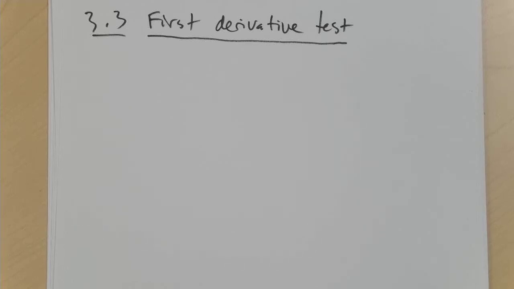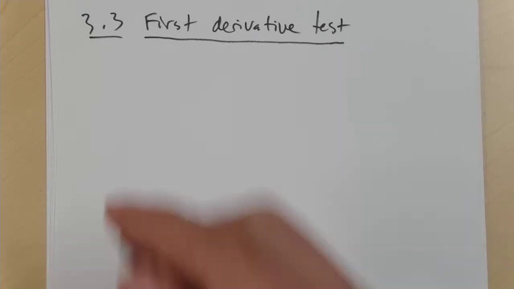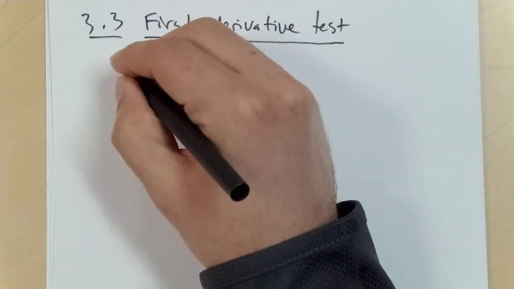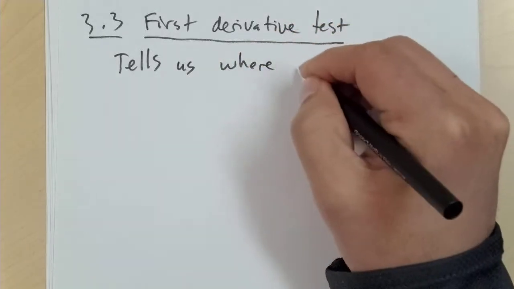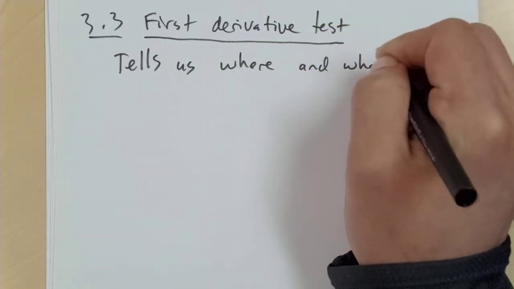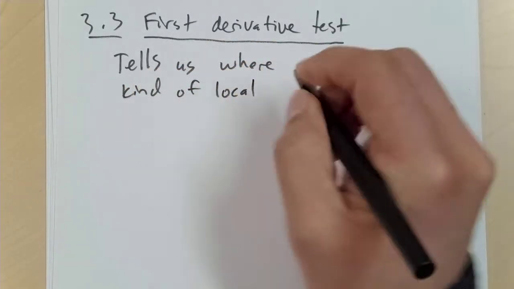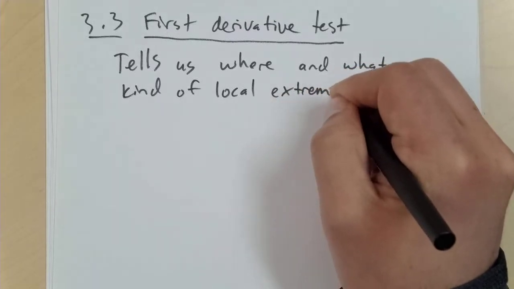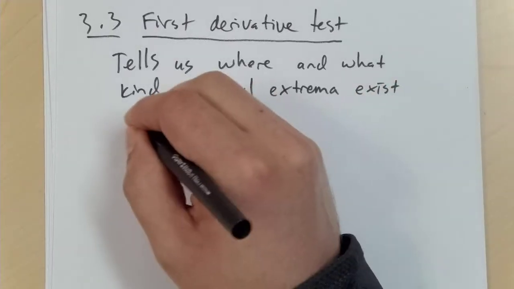All right, everybody. So we're going to go ahead and now finally put the critical numbers that we've been talking about together with increasing and decreasing intervals that we talked about after that for the first derivative test. The first derivative test tells us where and what kind of local extrema exist on a function.